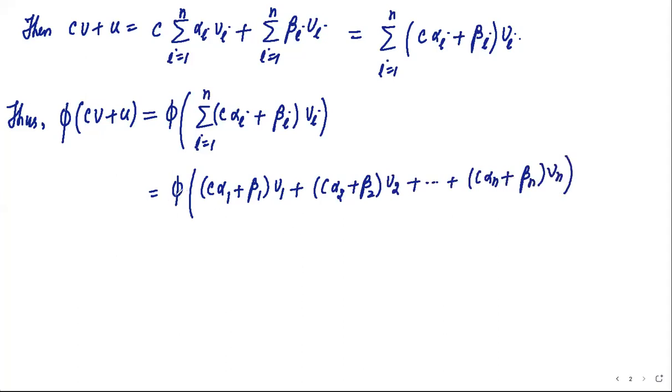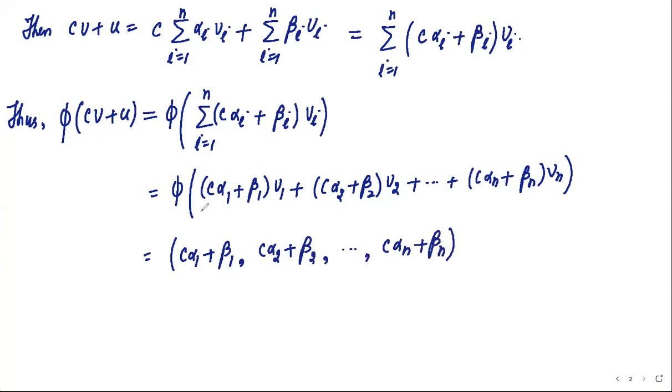Now by definition, pi maps this vector into an n tuple, which is obtained by taking the ith coordinate as the coefficient of Vi. यहाँ पे हमें लिखना है, this is how we define this mapping. So the first coordinate is C alpha 1 plus beta 1, then the second coordinate is C alpha 2 plus beta 2, and so on, C alpha n plus beta n.